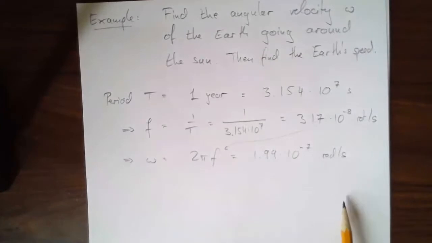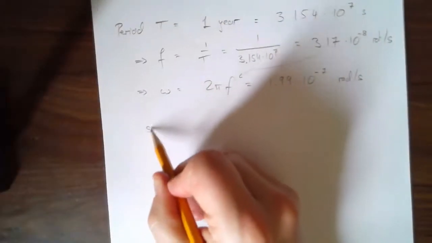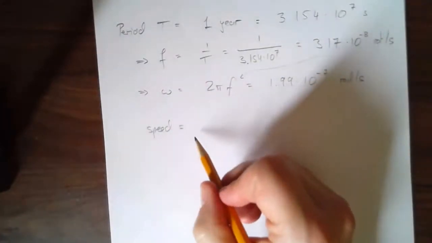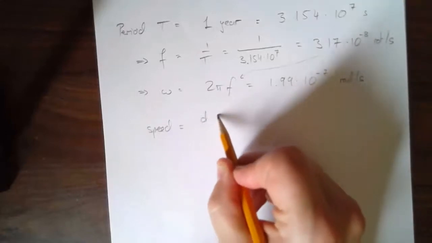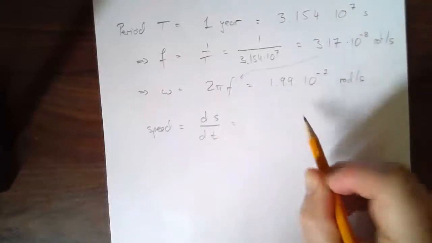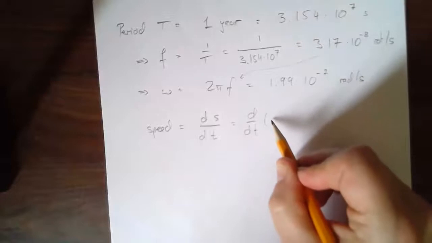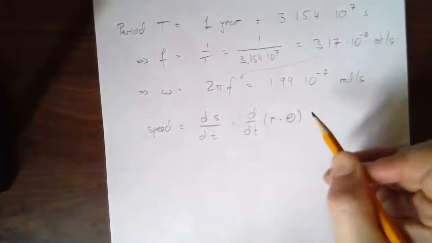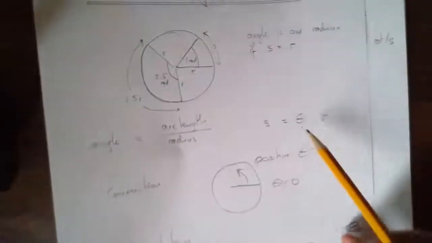Now to find the speed, I'm going to use the fact that speed is the distance traveled per time, so I can write this as ds, the arc length, per dt. What is s? s is r times the angle. Remember we talked about this near the beginning when we understood what a radian was.